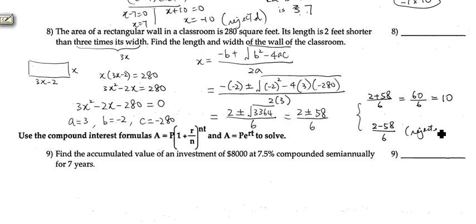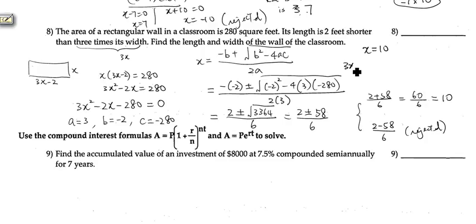Why should I reject that? Because it becomes negative, right? It's not possible the length would be negative. So x is equal to positive 10. But don't leave it like that, because we have x is equal to 10, but we also need to know the other. What about 3x minus 2?